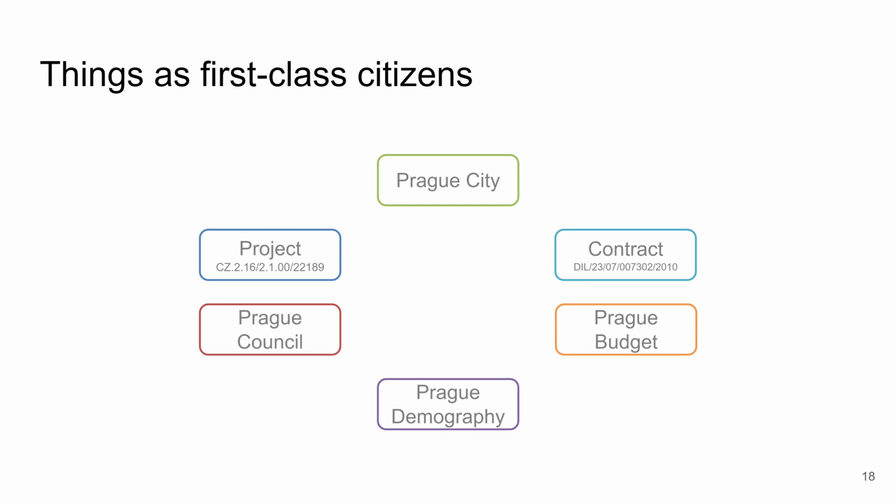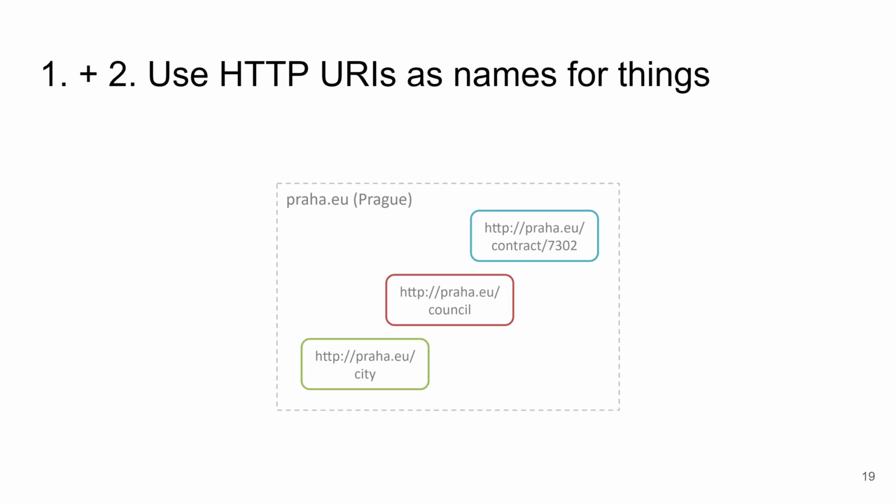Each of those entities is a separate data entity. It's a first-class citizen in the web of data, which is a synonym to linked data. And when we follow the first two principles, we need to assign an HTTP URI to each of those entities.